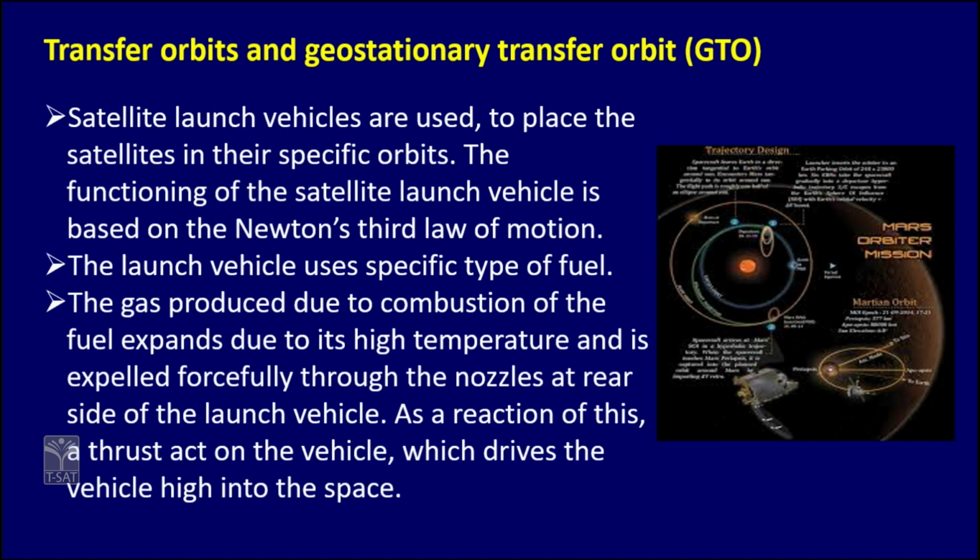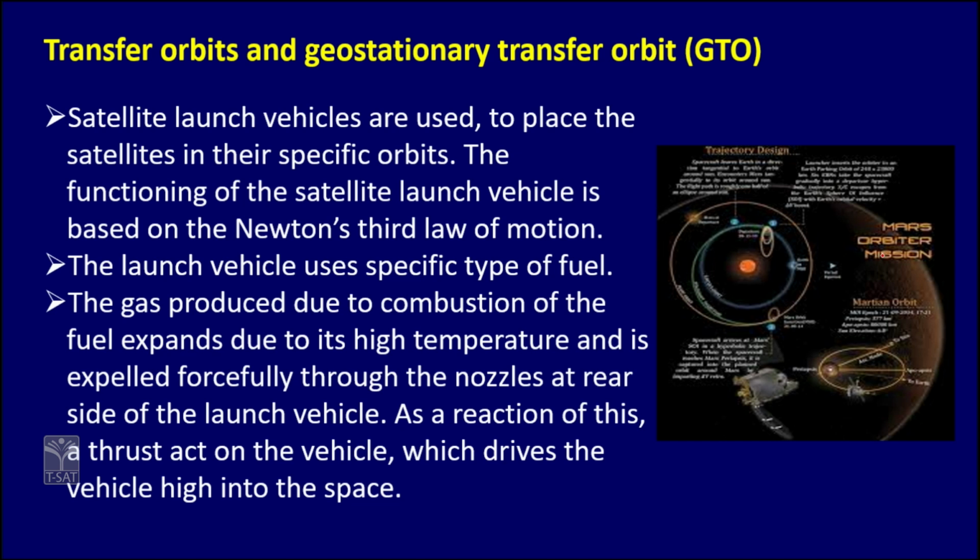The satellite launch vehicles are used to place the satellites in their specific orbits. We have learned this. The functioning of the satellite launch vehicle is based on Newton's third law of motion. We all know Newton's third law: for every force there is an equal and opposite force.